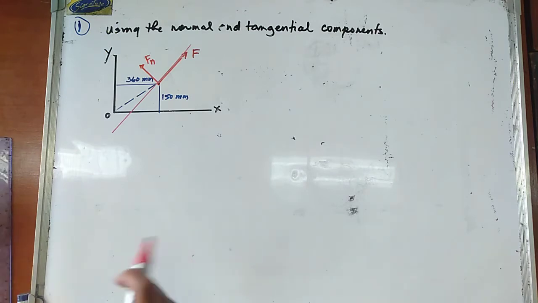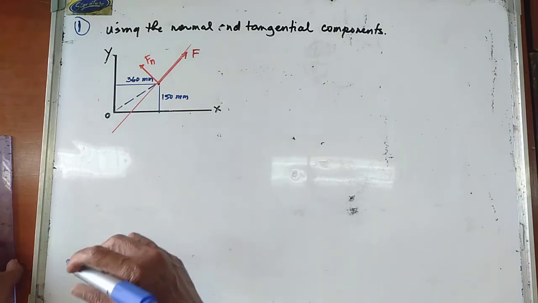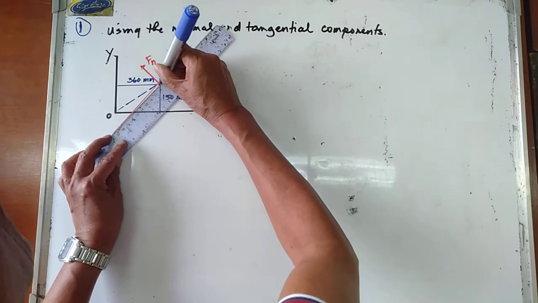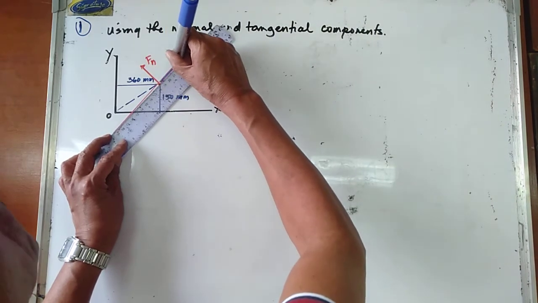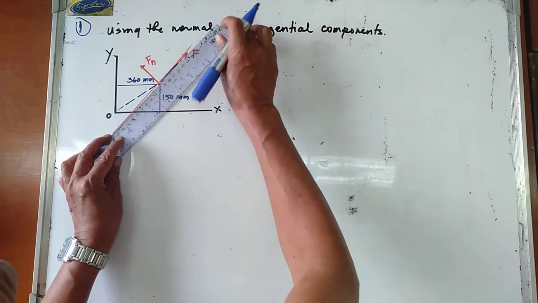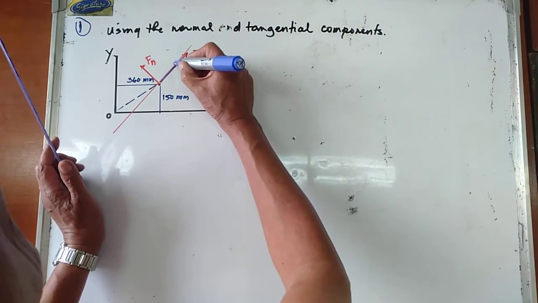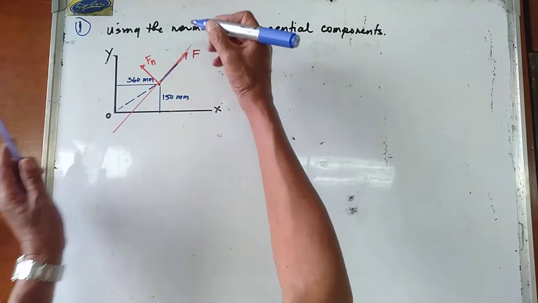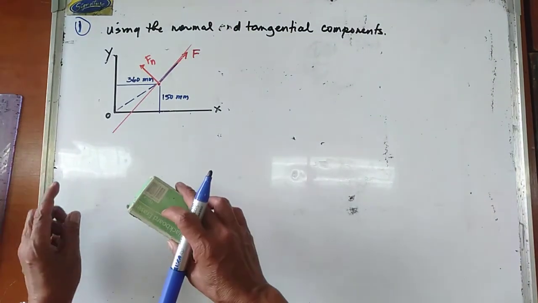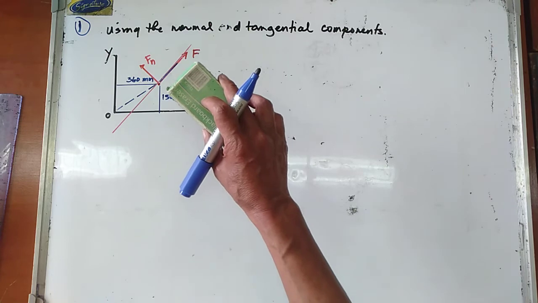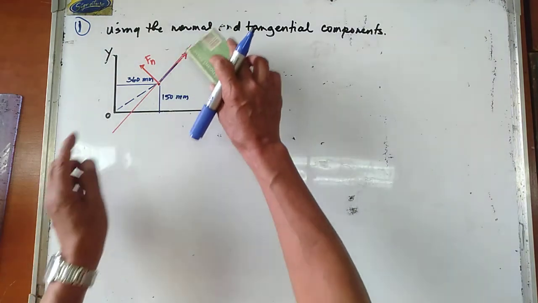And the component along the line of action of the force F is your tangential component. So this is the tangential component of the force F.